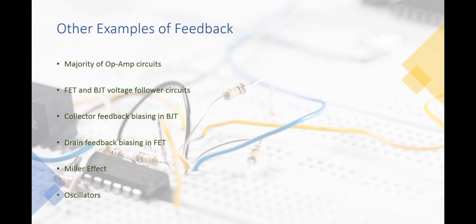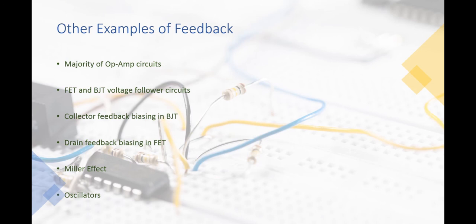The BJT and FET voltage follower circuits have feedback, as the voltage at the emitter terminal, which is the output, is acting like a feedback signal, because the active voltage on the input side is VBE, and VBE is equal to VB minus VE, and VB is the input voltage whereas VE is the output voltage.